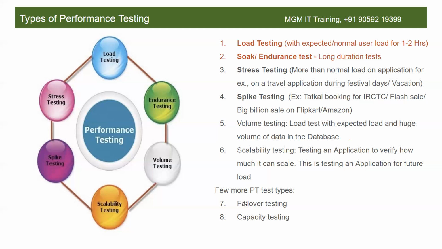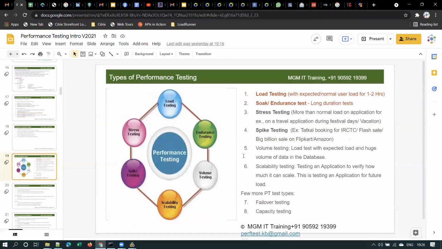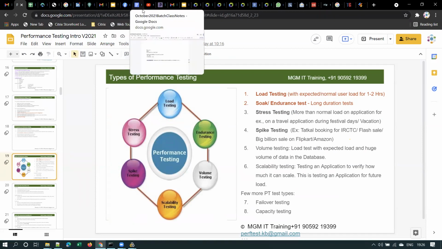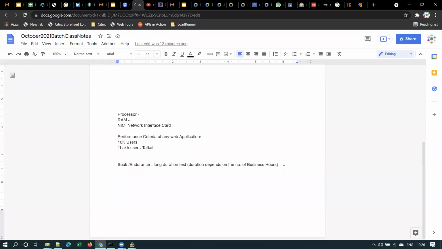In such a case, if the main environment is down, any web application will have a backup environment in some other location or city, so that the backup environment takes the user load and continues the business. This is called continuity of business. Let me write it down. This term is called continuity of business.